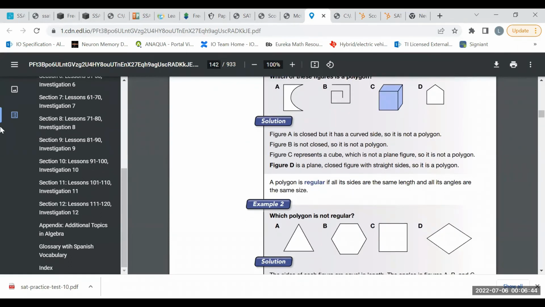A polygon is called a regular polygon if all the sides are of the same length and if all the angles are equal. So in example 2, which of the following polygons is not regular?